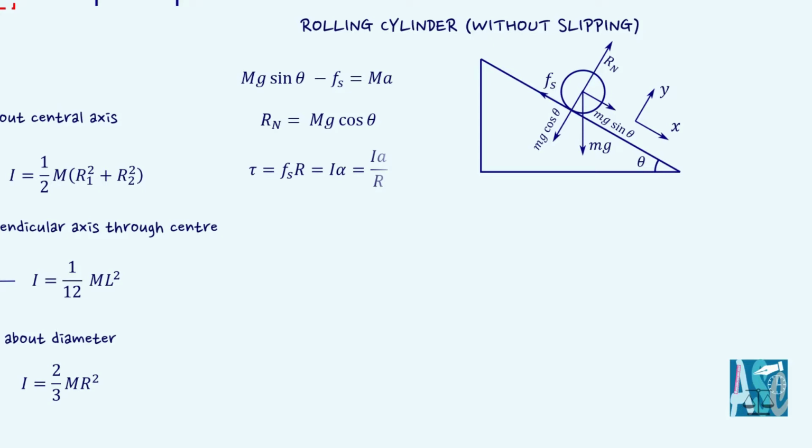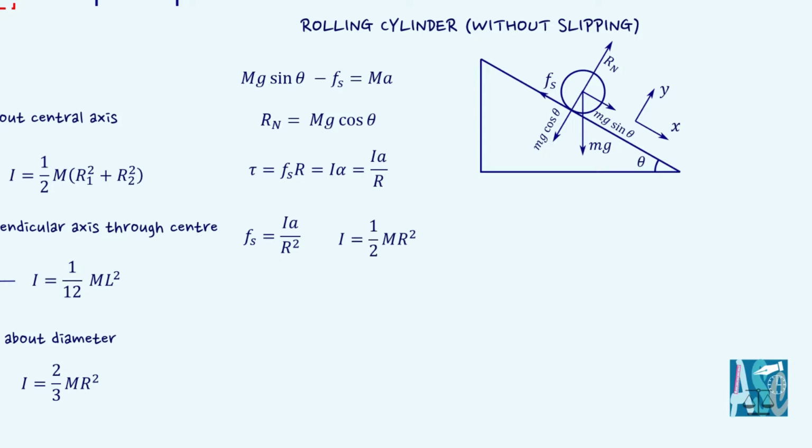Therefore, tau equal to F_s times r, where r is the radius of the cylinder. Again, tau equal to I times alpha, that is I times a by r. Here, a stands for the linear acceleration of the cylinder, which means F_s equal to I a by r squared. Now, the moment of inertia for a cylinder about its axis is half of m r squared.